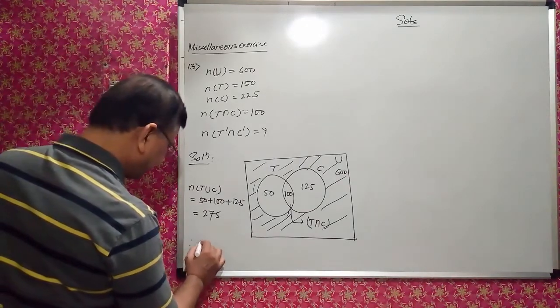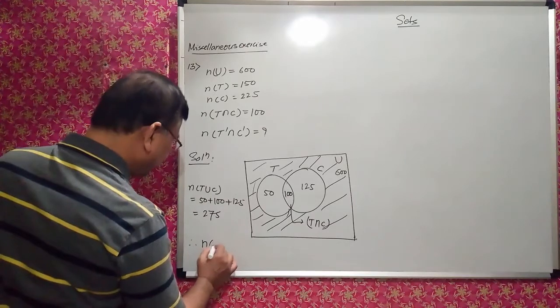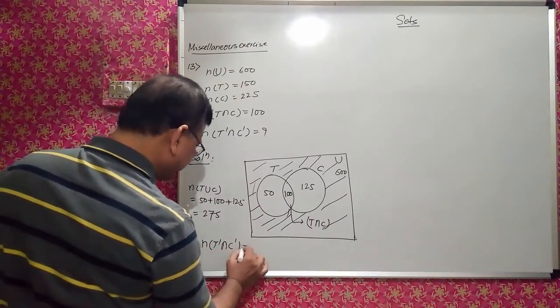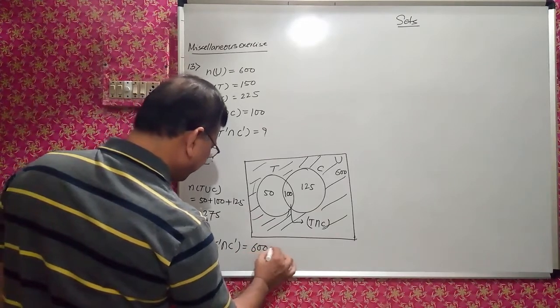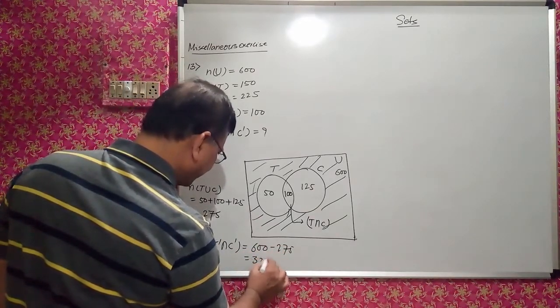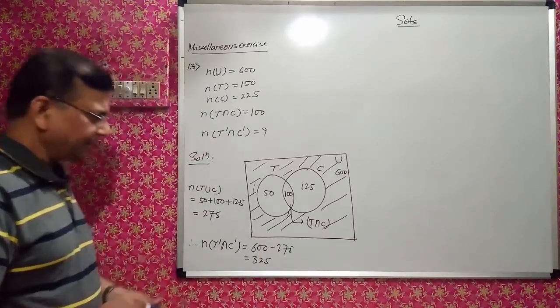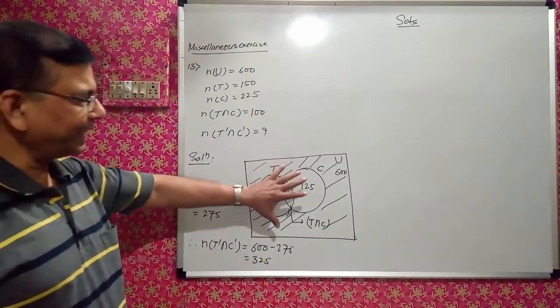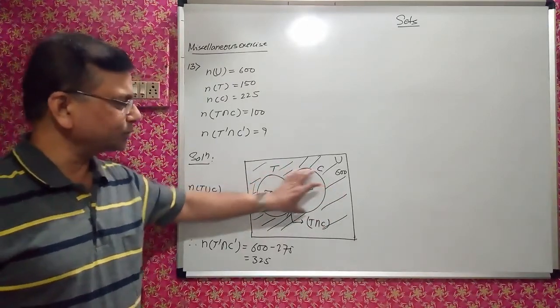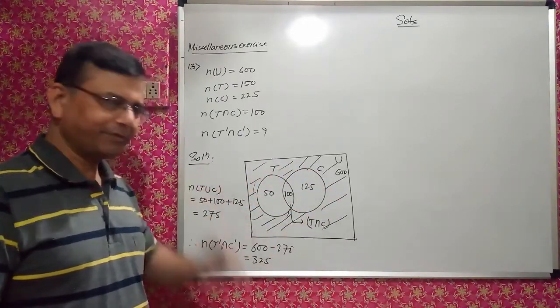Therefore, N(T' intersection C') is equal to 600 minus 275, that is 325. The concept is clear with the Venn diagram also. I have taken the number of students outside these two sets, that is 325.